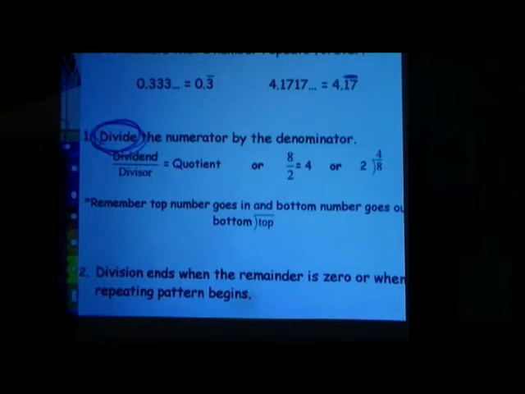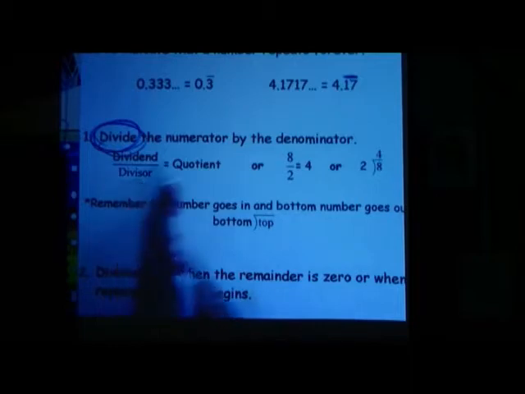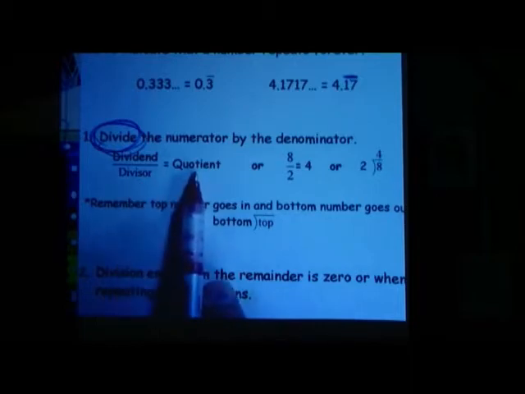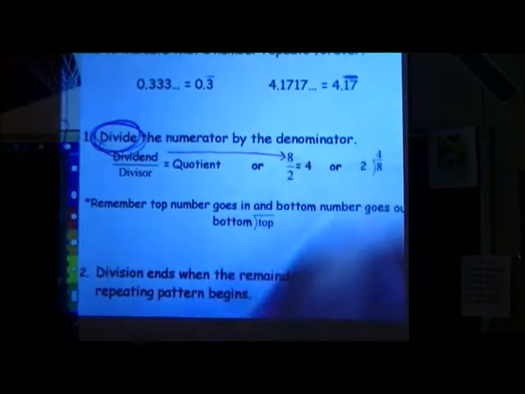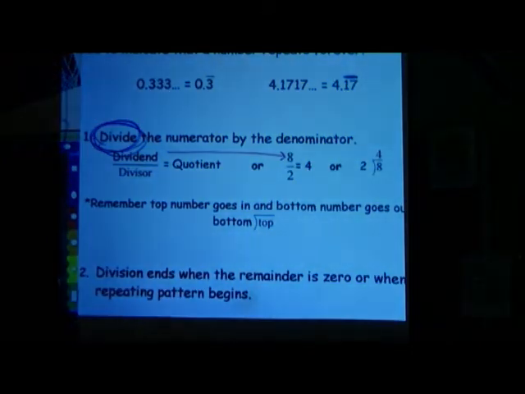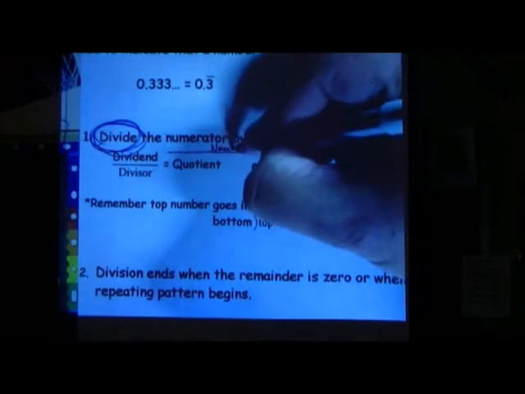The dividend is the number that is being divided. The divisor is the number that is doing the division, and the quotient is the answer to the division. In other words, the dividend is going to be the number on top. That number on top as a fraction is called our numerator.